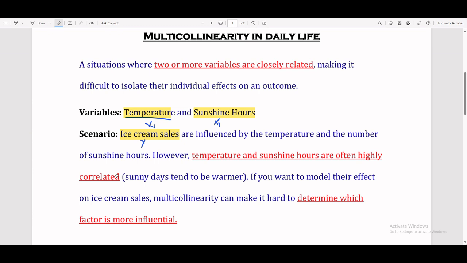So there is strong correlation between these two variables. If you want to model their effect on ice cream sale, multicollinearity makes it hard to determine which factor is more influential. Is temperature the most influential or sunshine hours, because these two variables are collinear to each other?